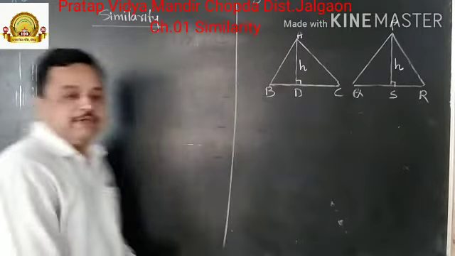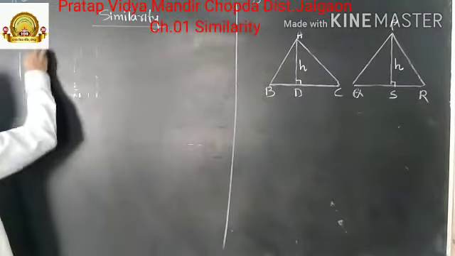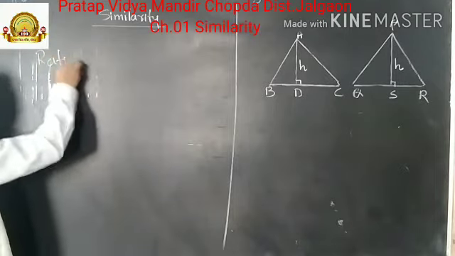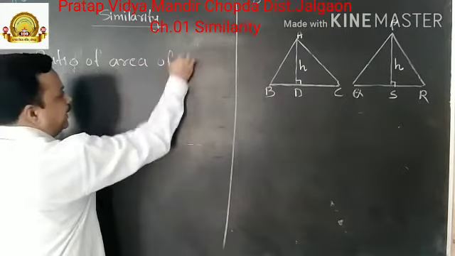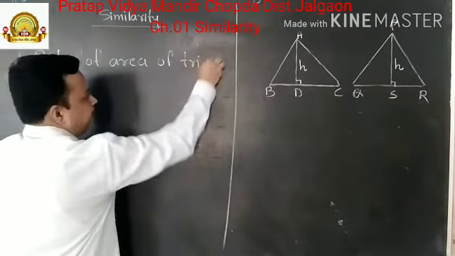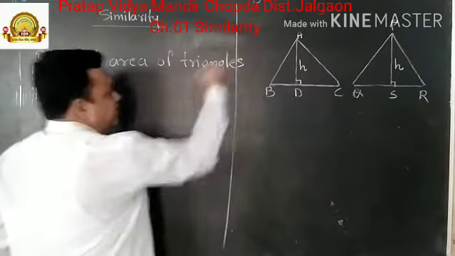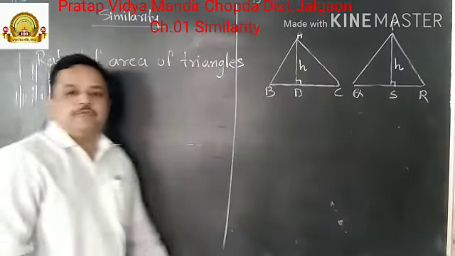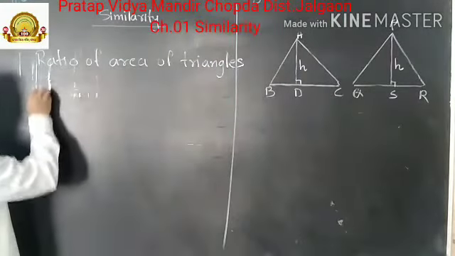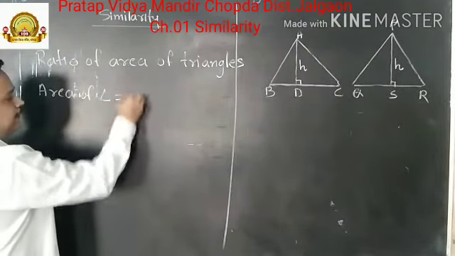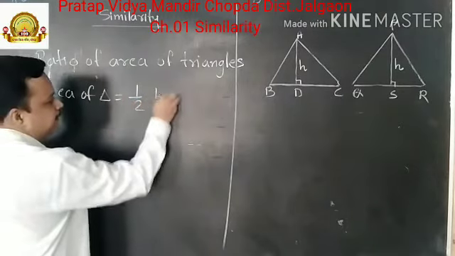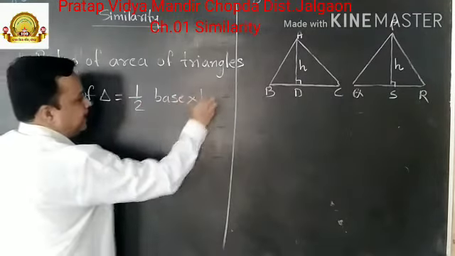In this chapter, the next topic is the ratio of areas of triangles. We know that the formula for the area of a triangle is equal to 1/2 base into height.